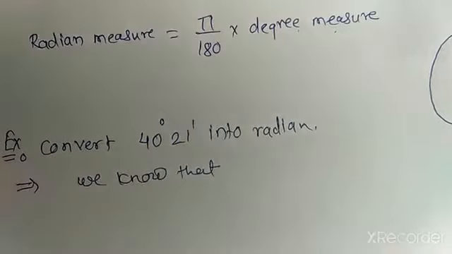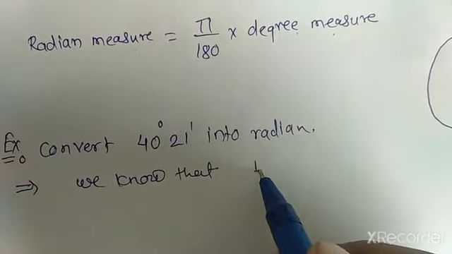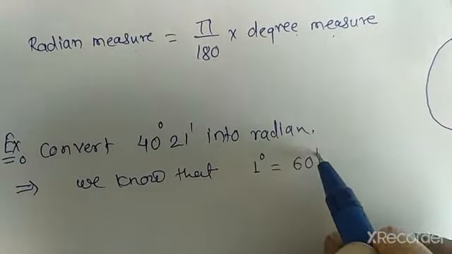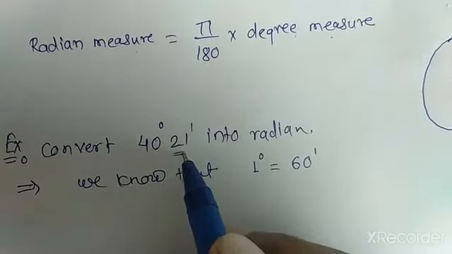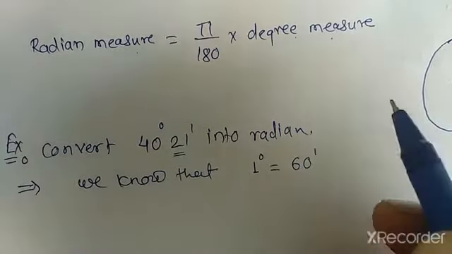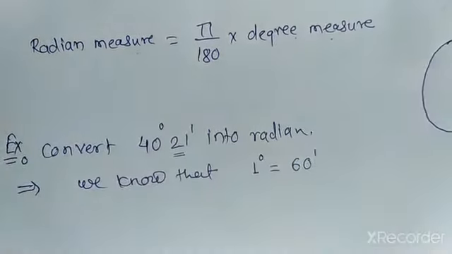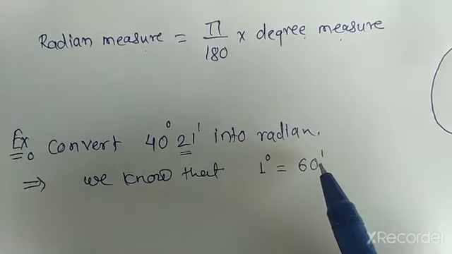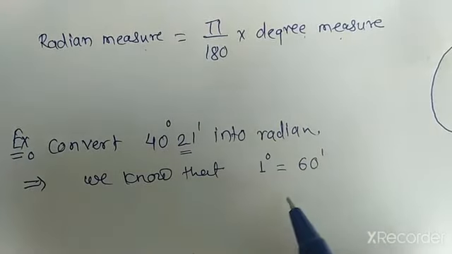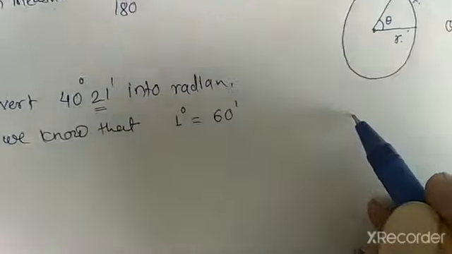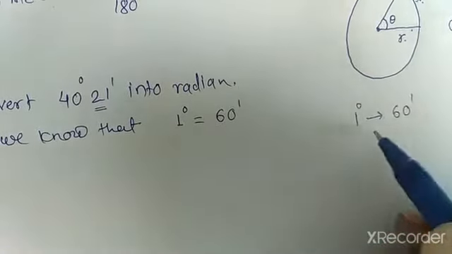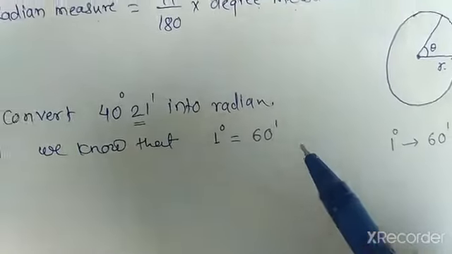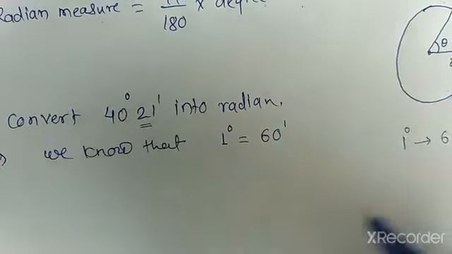We know that 1 degree is equal to 60 minutes. So first we convert the 20 minutes into degrees. Here 1 degree can be written as 60 minutes, and we have to find 20 minutes in the form of degrees.